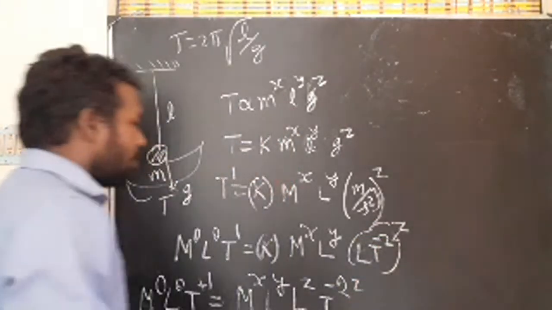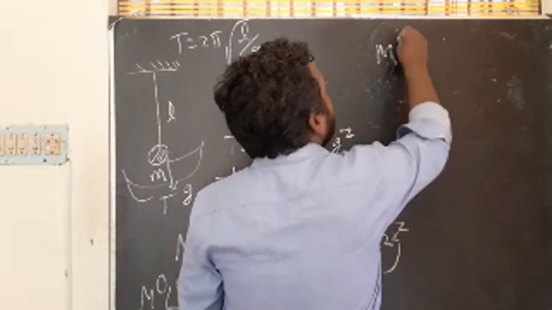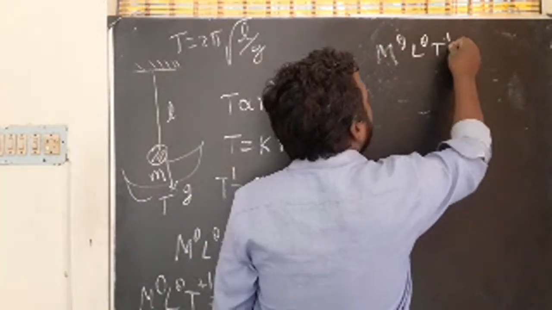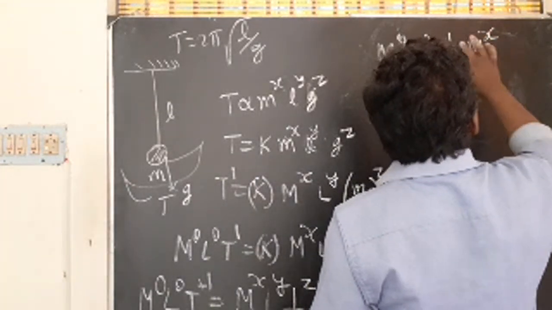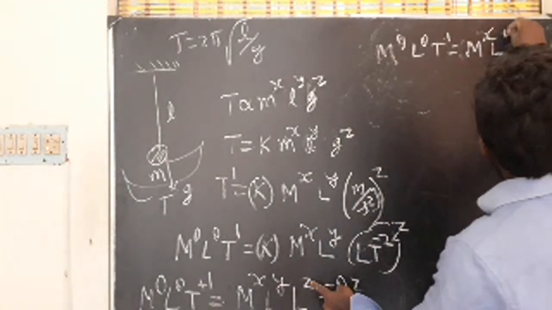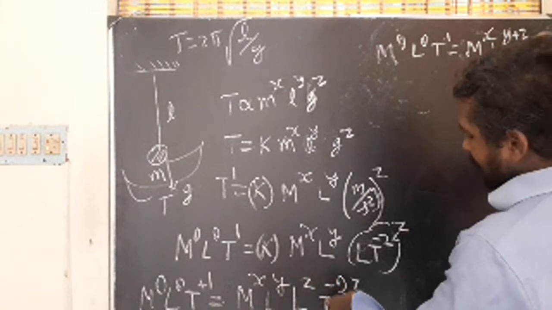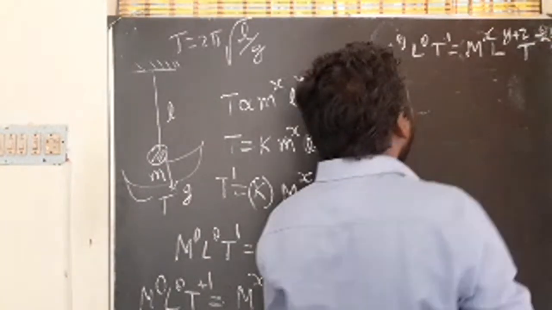Now L separately, T separately I am going to write. So M power 0, L power 0, T power 1, which is left hand side. Right hand side, K times of M power X, L power Y plus Z, then T power minus 2Z we have. Now I am going to equate.